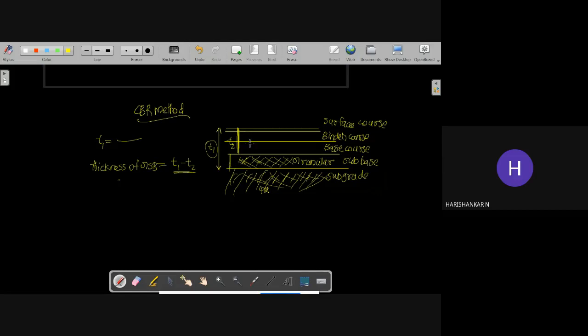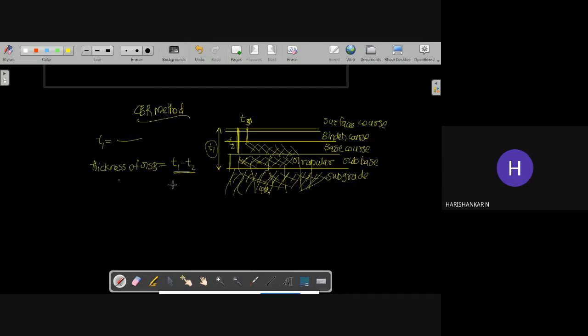If you want to find out the thickness of the base course, you simply avoid this much portion and find the CBR value of the base course. Then you locate that corresponding CBR value, and you will get the thickness T3.